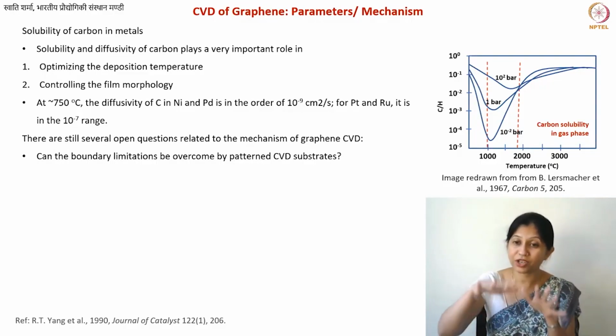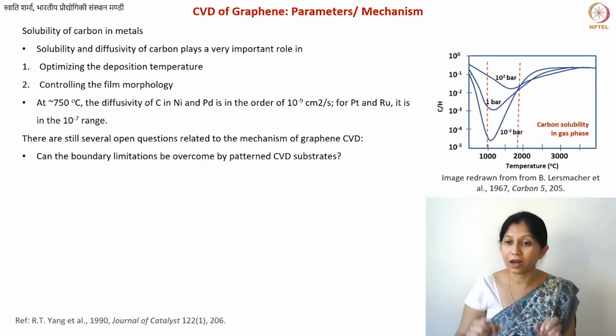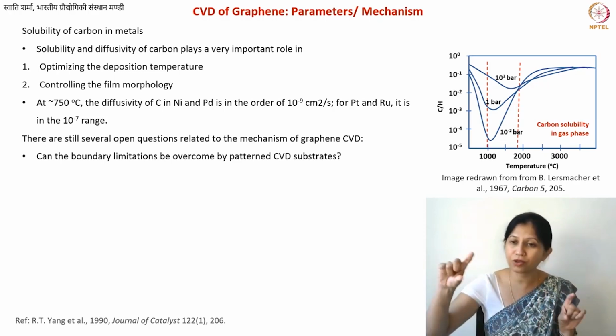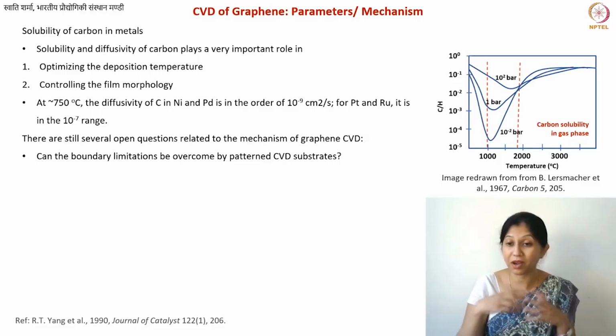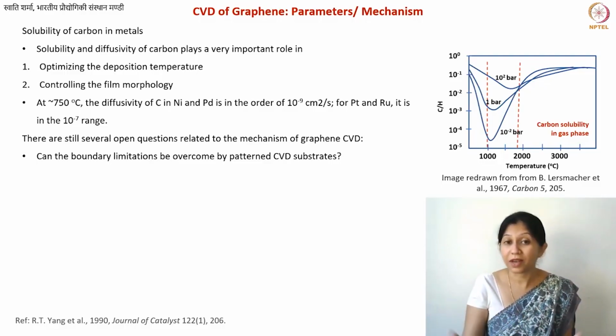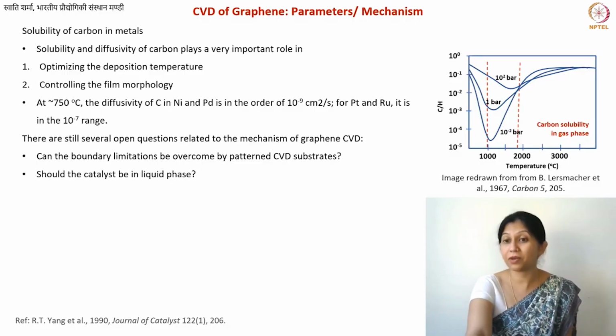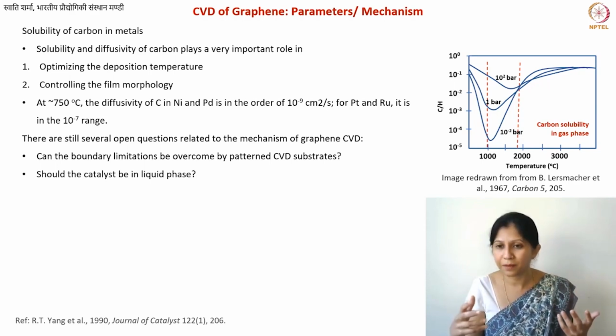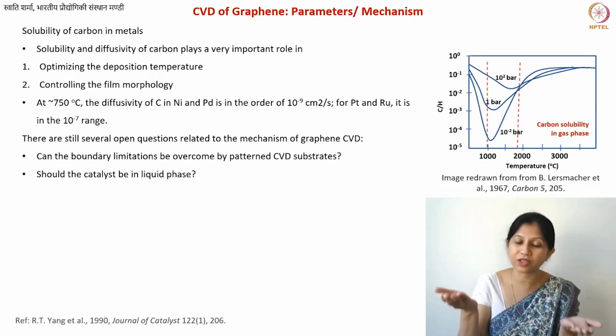Can you somehow change the flow of your entire system very close to your substrate by designing your substrate in such a way, maybe complex geometries, and then overcome the effect of the boundary layer? That is something maybe you can do, because we just saw that you can tilt the substrate and that helps. So, can you do something more than just tilting?